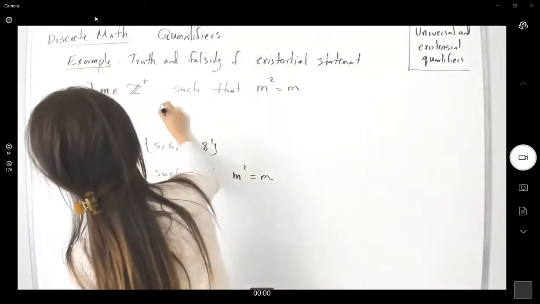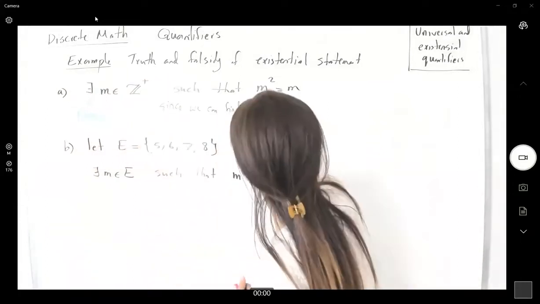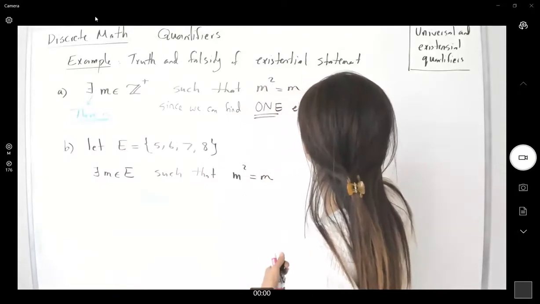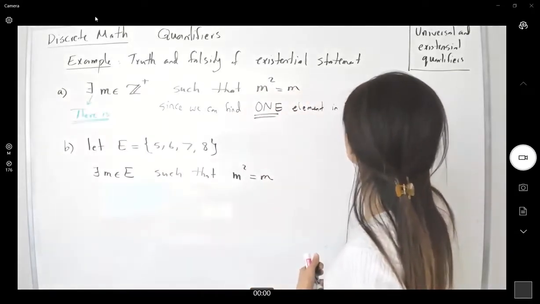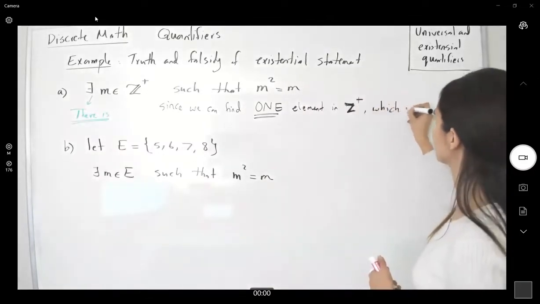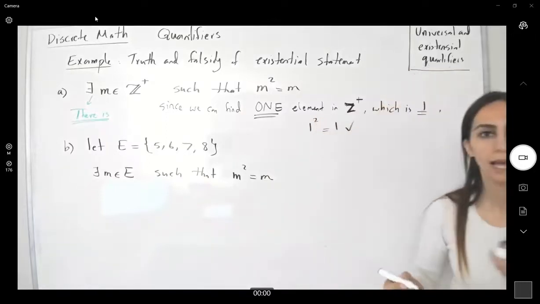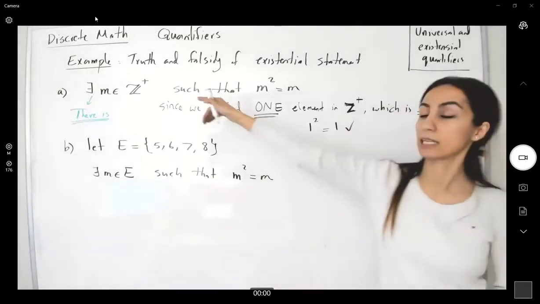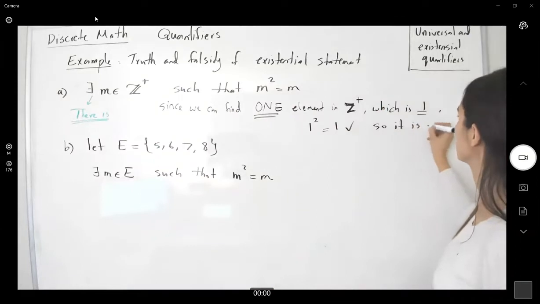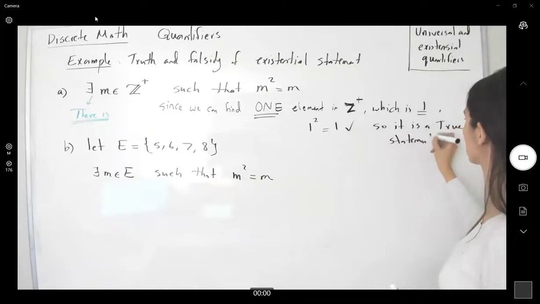Since we can find one element, one member in the set of positive integers, which is 1. 1 squared is equal to 1. That's satisfying this predicate. So this statement is a true statement.